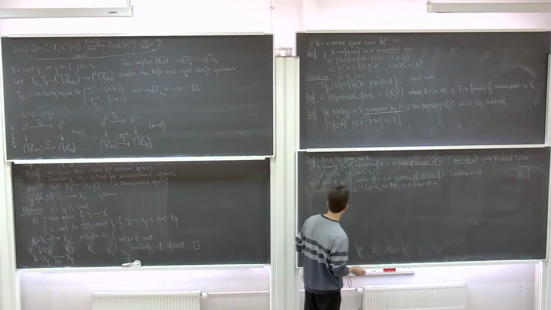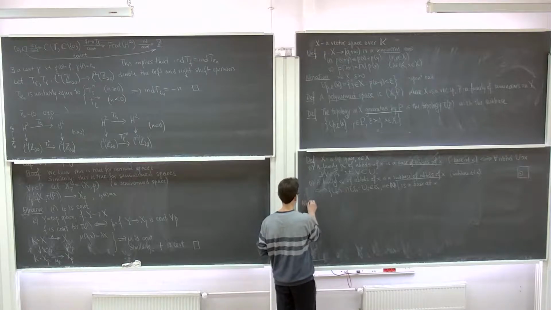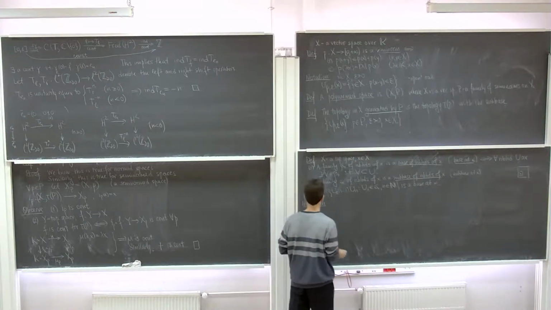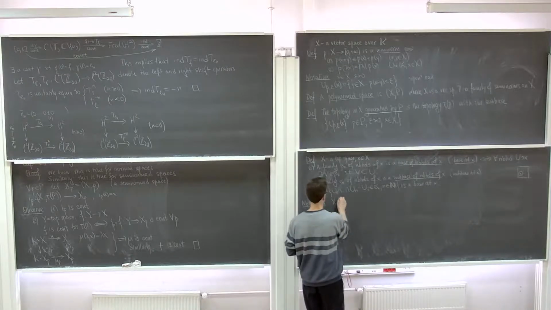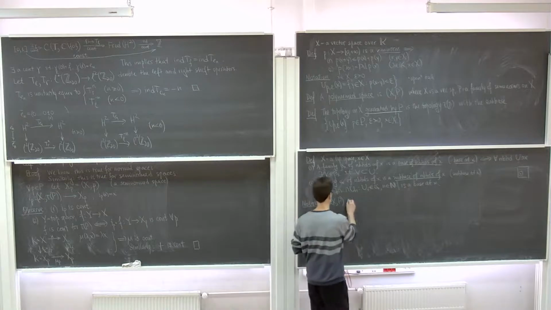Okay, let's now come back to polynomial spaces. Let's introduce some more notation. Suppose that X, together with a family of seminorms P, is a polynomial space.